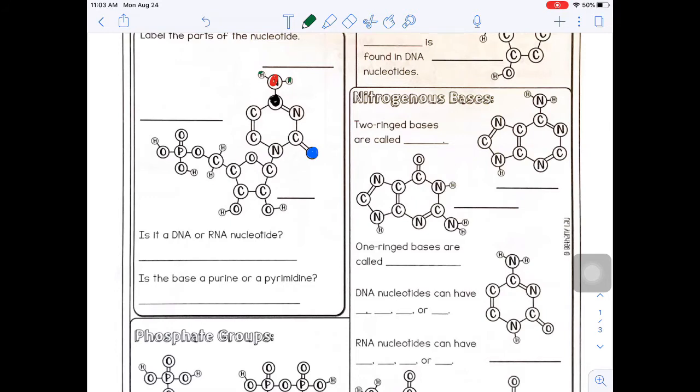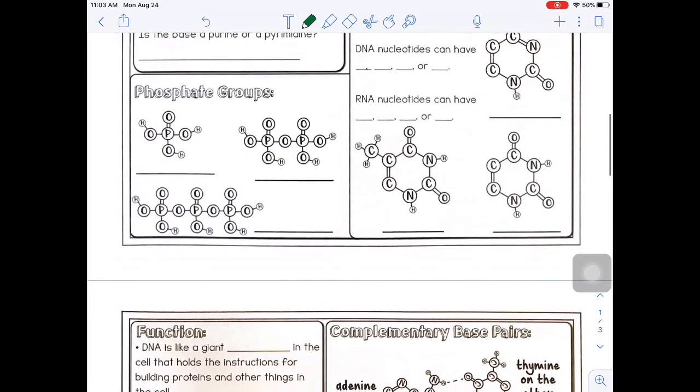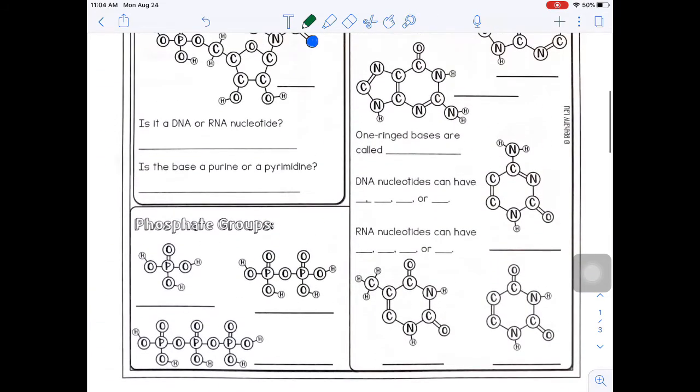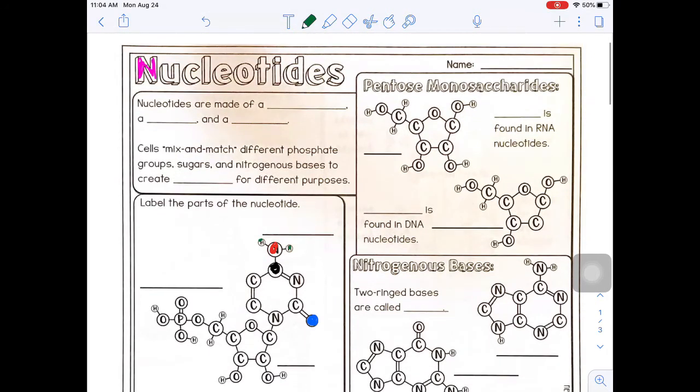So the pyrimidines are C, T, and U in the molecule RNA, and purines have A and G. So label those in the nitrogenous bases as well. You can see there are lines underneath to do that. So that's where I'm stopping right now. I will be back with the other pages.